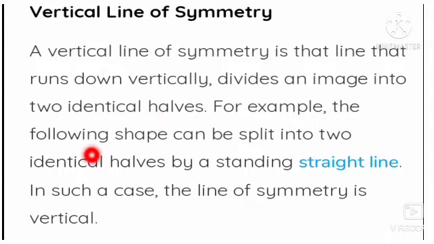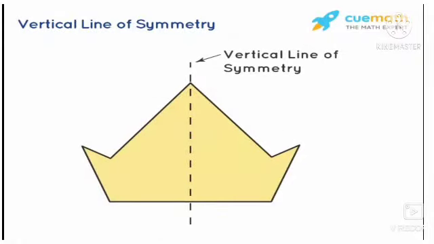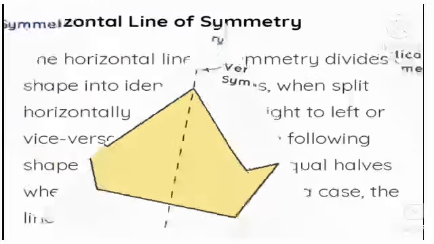For example, the following shape can be split into two identical halves by a standing straight line. In such a case, the line of symmetry is vertical. So here the line which divides the shape into two equal halves is said to be the vertical line of symmetry.